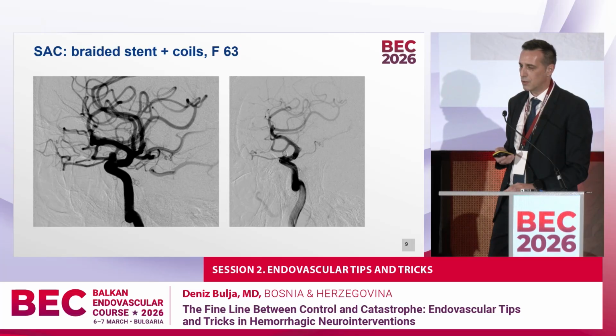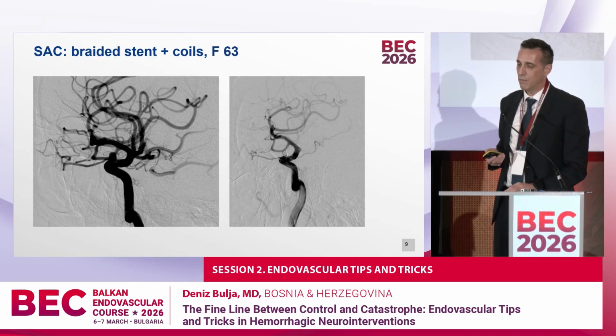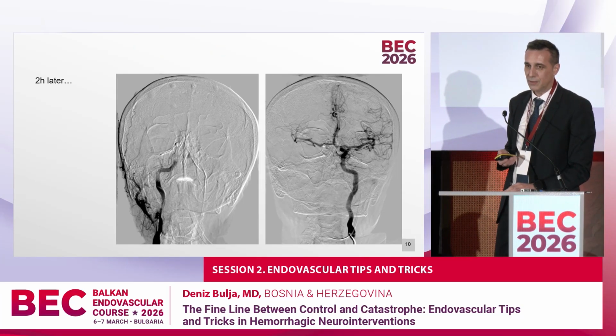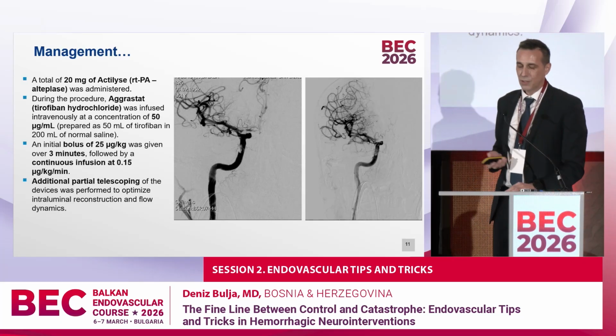Everything was okay, at least we didn't see a problem at that time. However, we were called 2 hours later, and we had thrombosis of the stent with insufficient collateral flow. At that time, we didn't have large bore catheters, we didn't have stent retrievers, so we opted for pharmacological management.